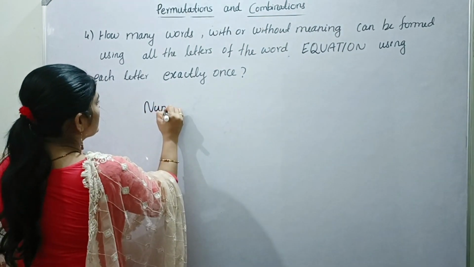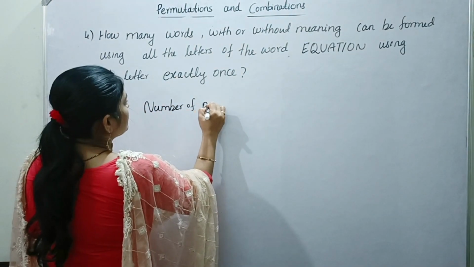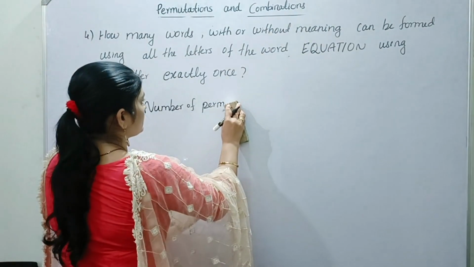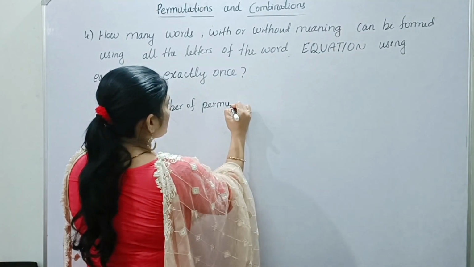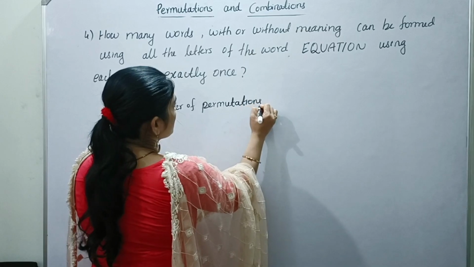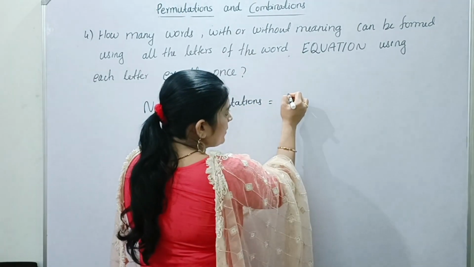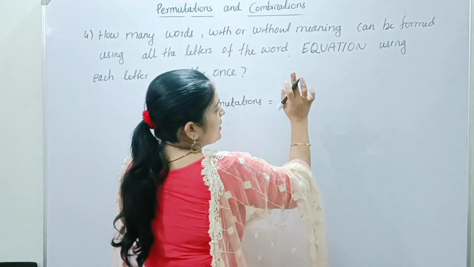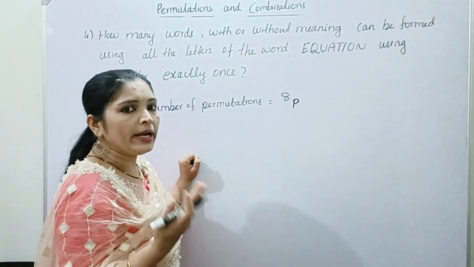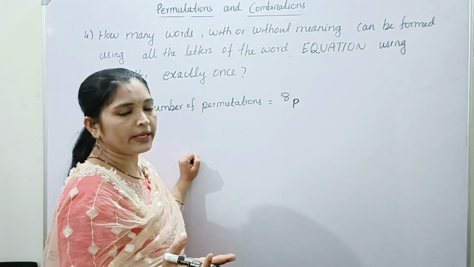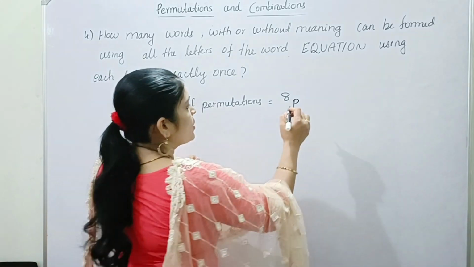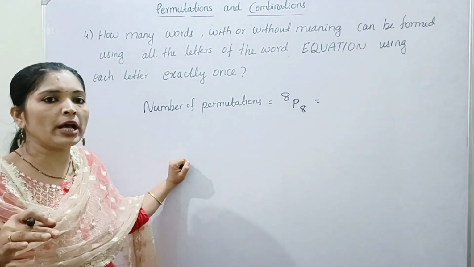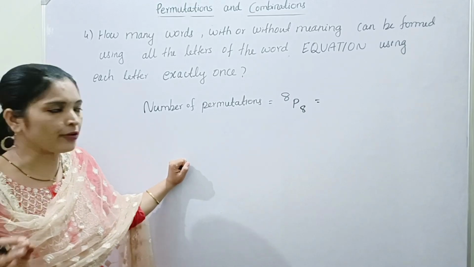Number of permutations is equal to the total number of objects, 8 letters, P, taken all at a time, so r is nothing but 8. So 8P8 is equal to, and repetition is not allowed, so what is the formula? N factorial divided by n minus r factorial, right?